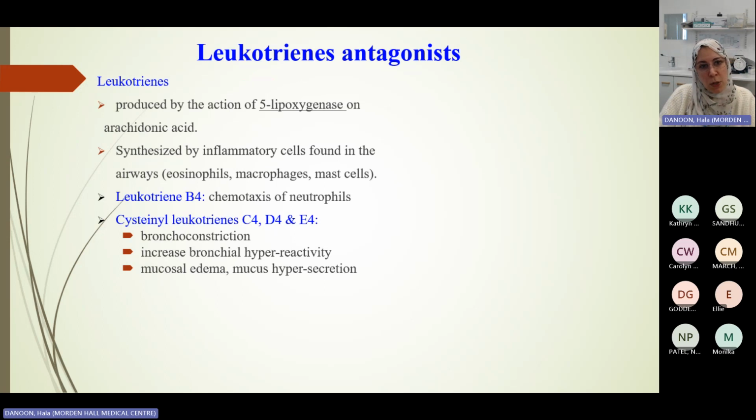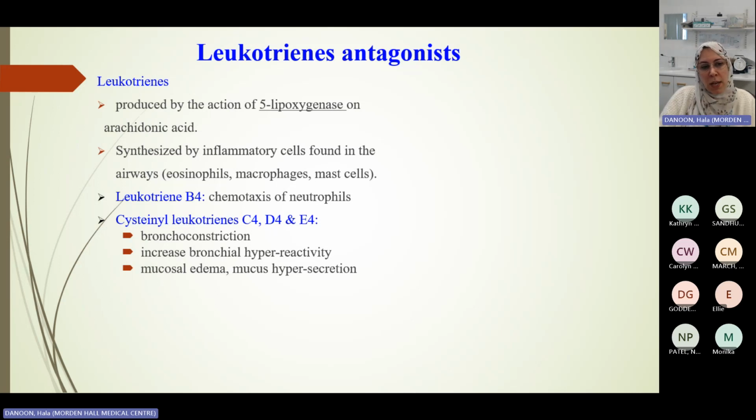The next type is the leukotriene antagonists, which is mainly montelukast. Leukotrienes are produced by the action of 5-lipoxygenase on arachidonic acid, and are synthesized by inflammatory cells found in the airways.